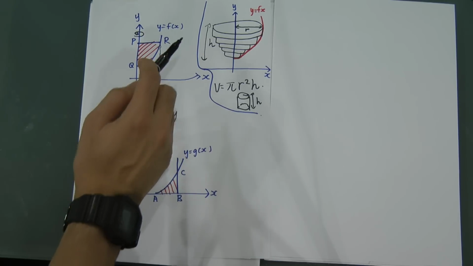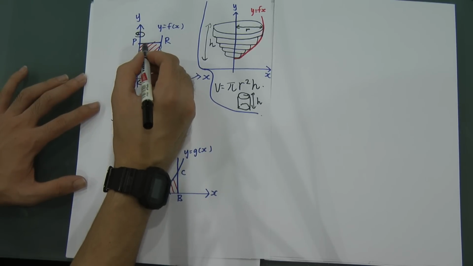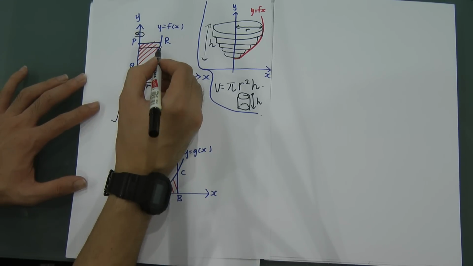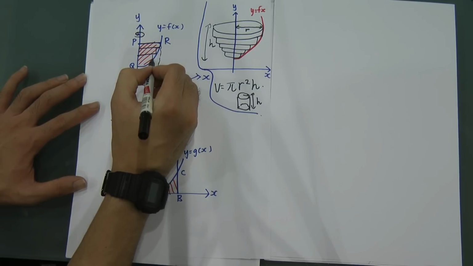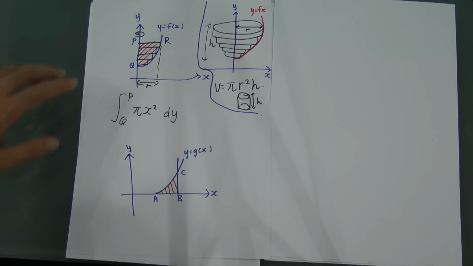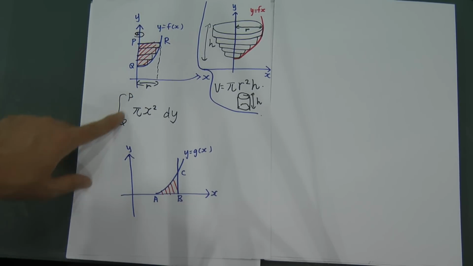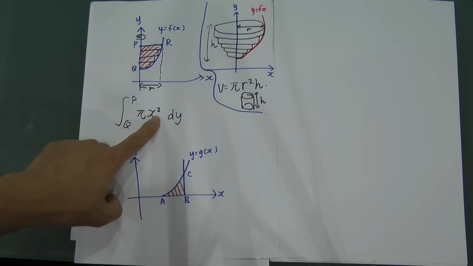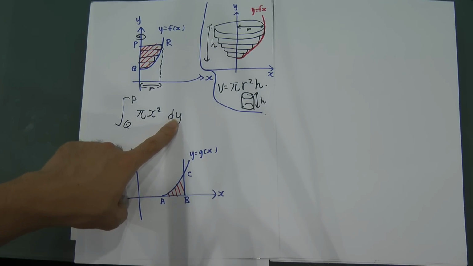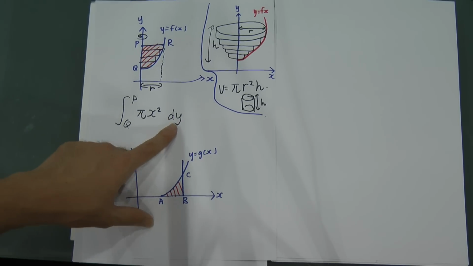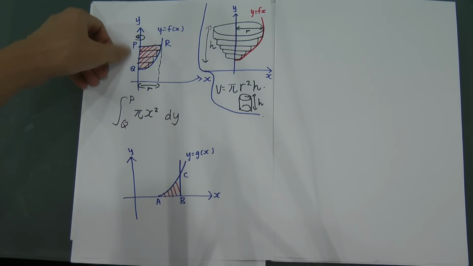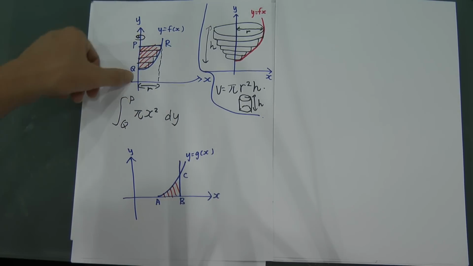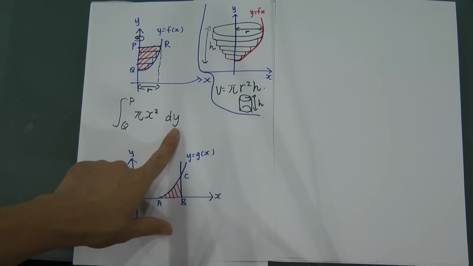It means a lot of different cylinders accumulated together. So therefore we call it pi x square and then dy, because when you want to get the value from the y-axis here, you write dy.